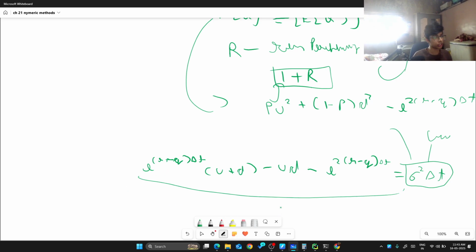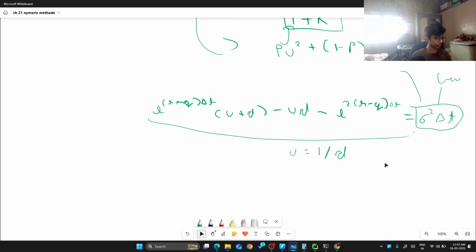And from that we can define that u equals 1 by d, the down movement is inversely proportional, right?